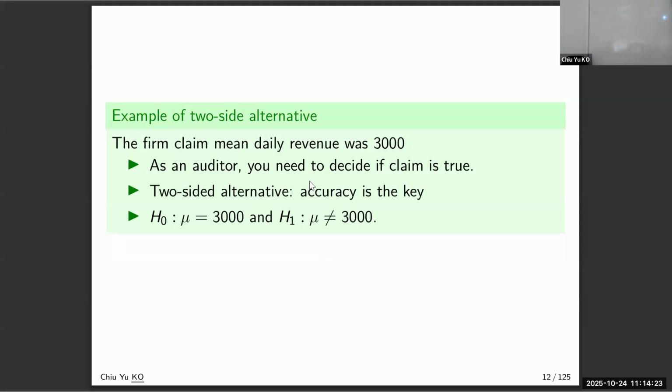So either mu is 3,000 or not. Because in either case, less than is the guy maybe cheating for a bank loan, and more than is evading tax. So you don't want to be in trouble in either of them.